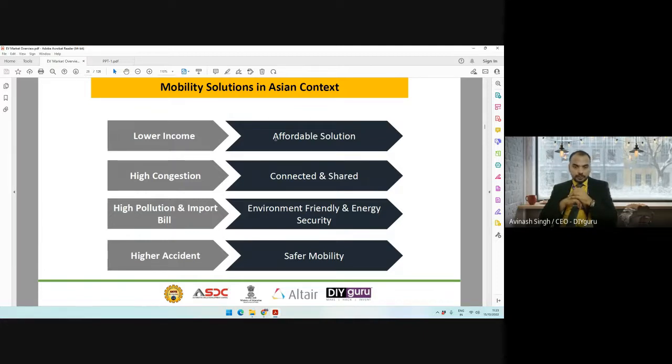Because of high pollution and import bills, we need environmentally friendly energy security, and because of higher accidents, we need safer mobility. These are the problems and these are the solutions in the Asian context. Higher accidents need safer mobility, higher pollution and import bills need environmentally friendly energy security, high congestion needs connected and shared, and lower economic income needs an affordable solution.